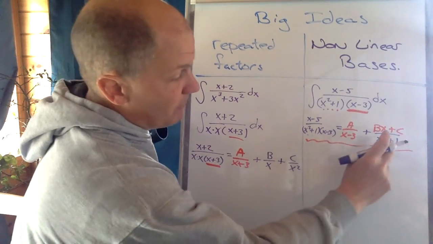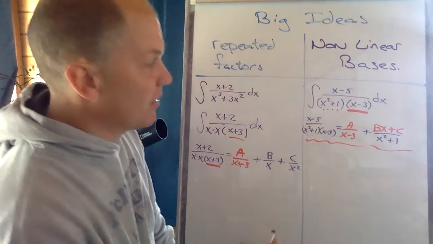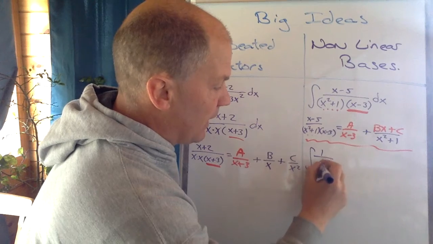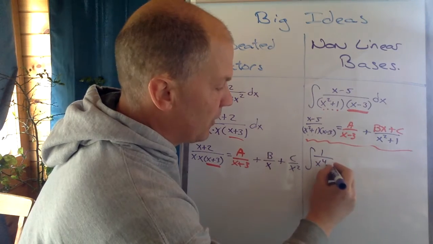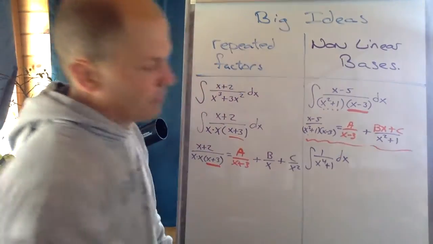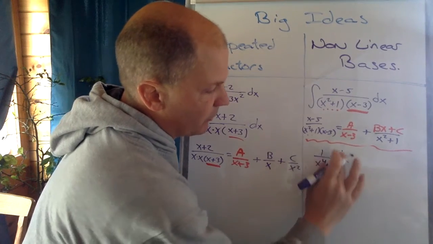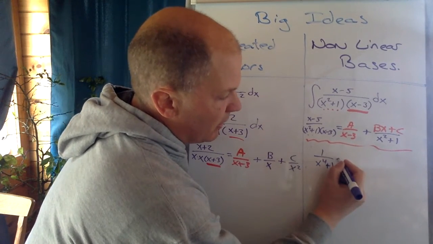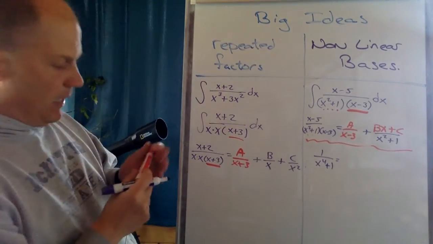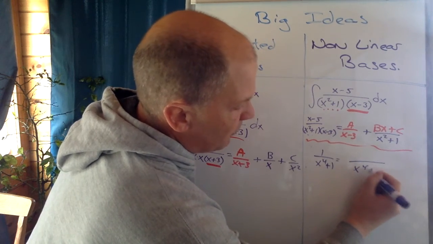I'm going to give you one more example where this is like x to the fourth. Somehow we get to the point, let's pretend that we have 1 over x to the fourth plus 1. We can't factor that. That's not a factorable expression. So what we need to do, and I'm going to get rid of the integral sign so we can just see the arithmetic, is write that base. So I'm going to say it's something over x to the fourth plus 1.